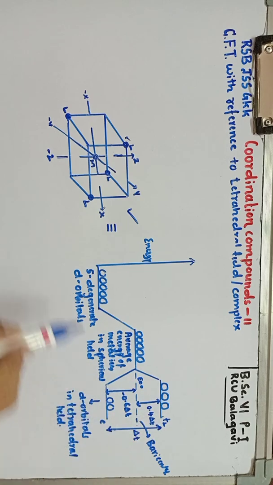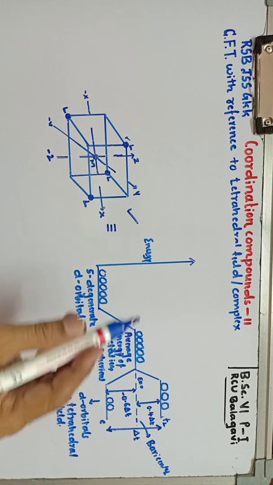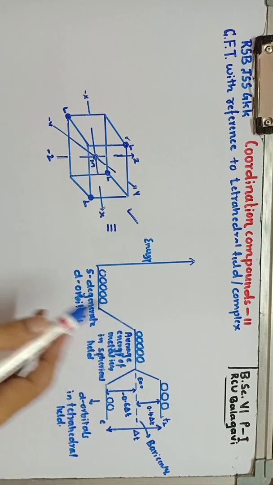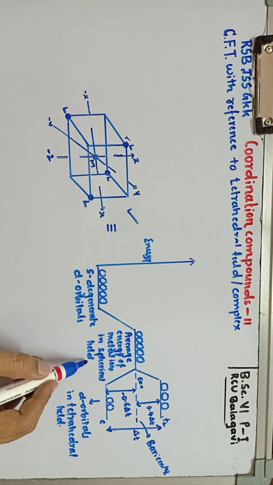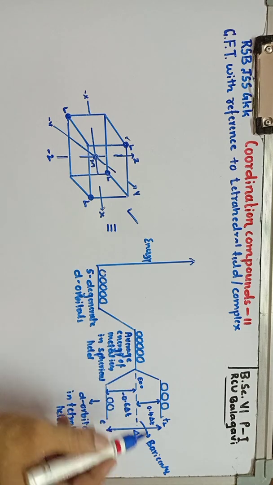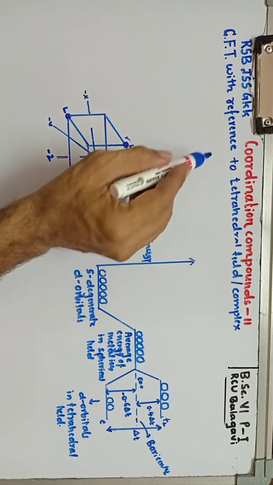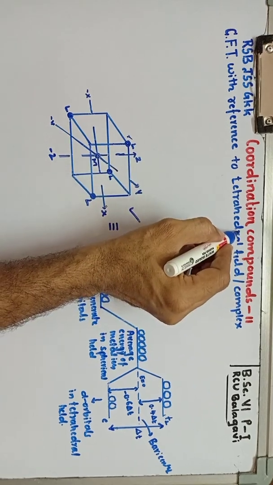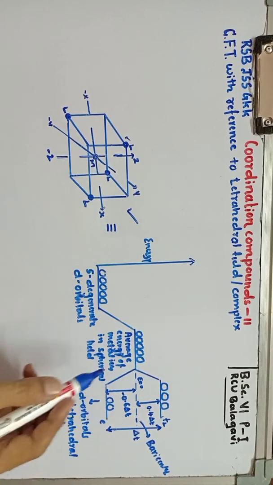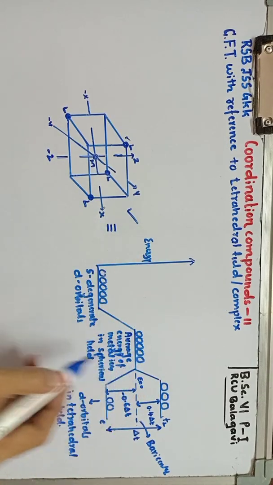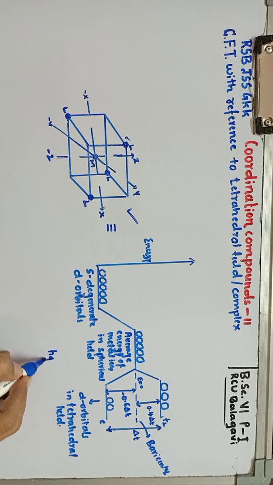Therefore, by considering the average energy of the metal ion in a spherical field as 0, that is the barycenter, the crystal field splitting in a tetrahedral complex can be represented as shown in this figure 2.